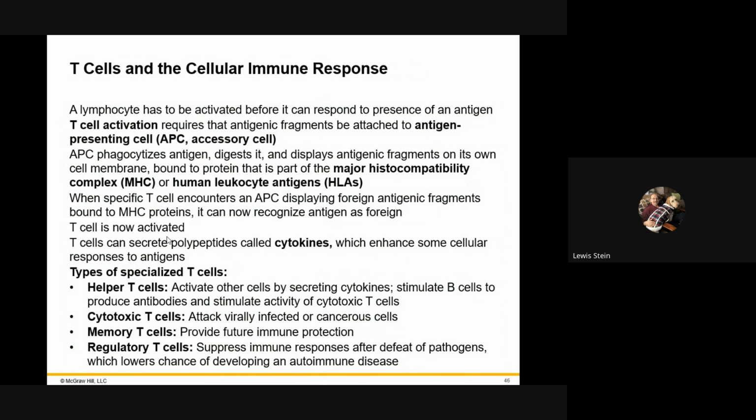Once they encounter an antigen, or one of those antigen presenting cells, that starts the process of activating. So a mature cell is naive, that means it hasn't been exposed to an antigen. Once it's exposed to an antigen, now it becomes activated.